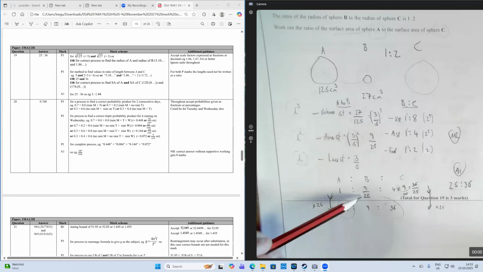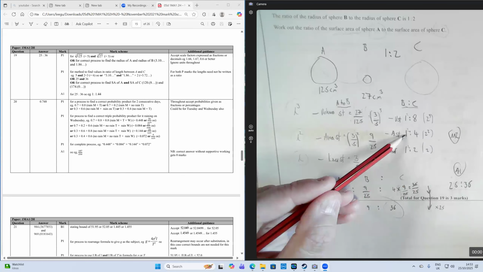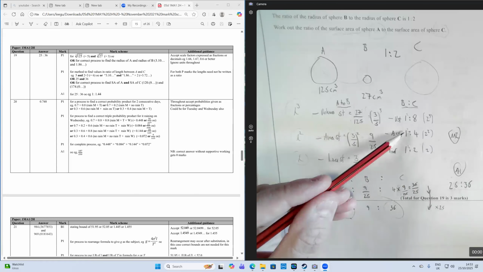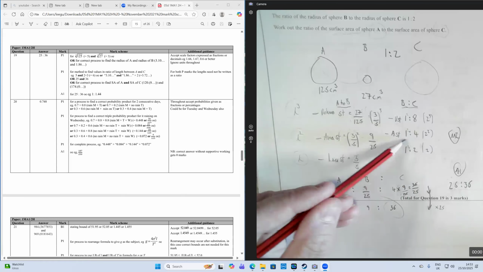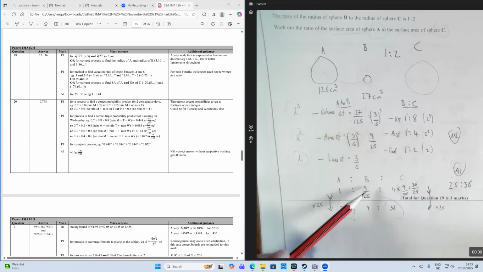In order to combine these ratios into a triple ratio, we need to scale up this ratio so that this number matches our 9 over 25. If we multiply both sides by some number, we can write them as a direct comparison of the three ratios.